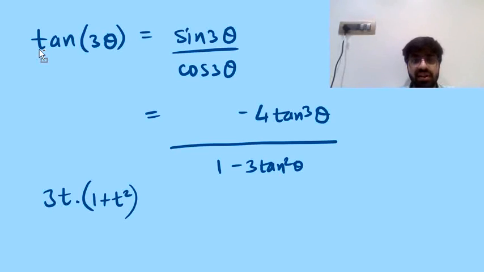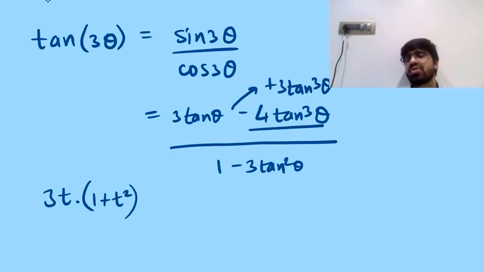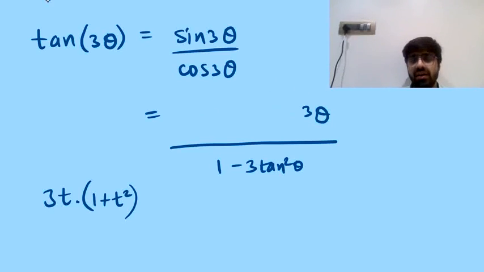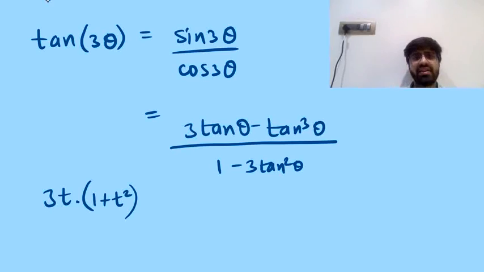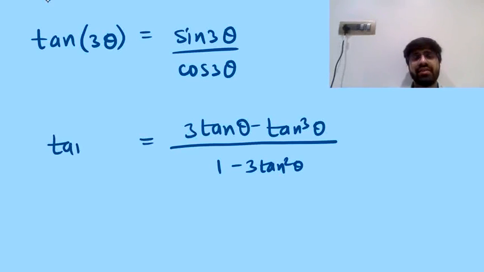Expand it, so that will be 3 tan theta plus 3 tan cube theta, and then minus 4 tan cube theta. So plus 3 tan cube theta minus 4 tan cube theta makes it minus tan cube theta, and the numerator is what you now have as 3 tan theta minus tan cube theta. And this finally is the formula for tan 3 theta.